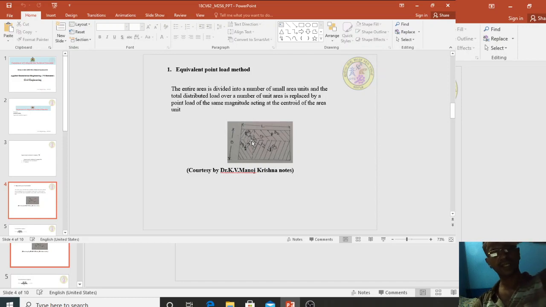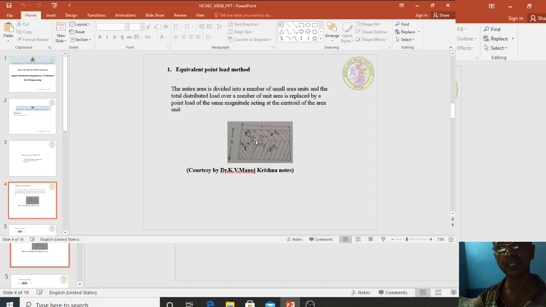Similarly, calculate this area A2 multiplied by the stress intensity, and you will get Q2. Similarly, area A3 multiplied by the total stress intensity gives Q3, and area A4 multiplied by stress intensity gives Q4. Next, you calculate the CG point of this area. From the CG point, what is the distance here?